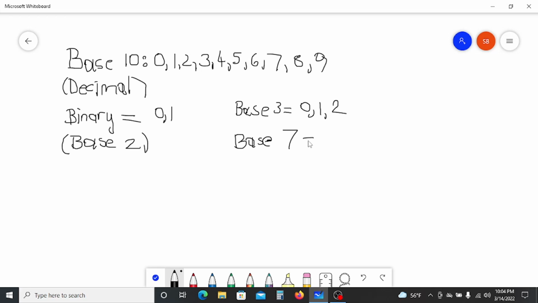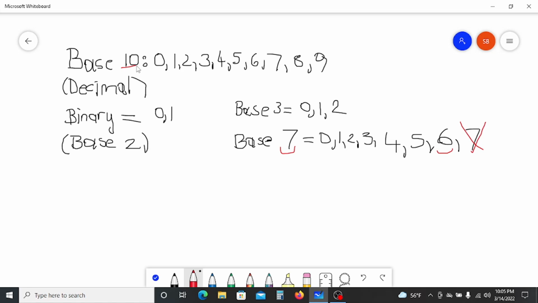Base 7 should start from 0, 1, 2, 3, 4, 5, 6, 7. Am I right? No, we made a mistake intentionally. There shouldn't be 7. That means the highest number in base 7 should be one less than the base number.